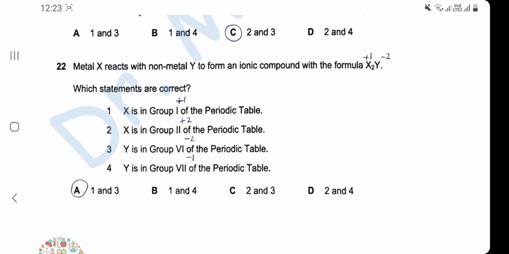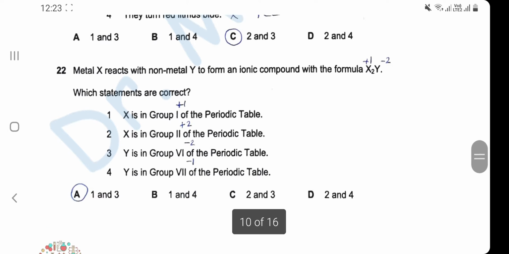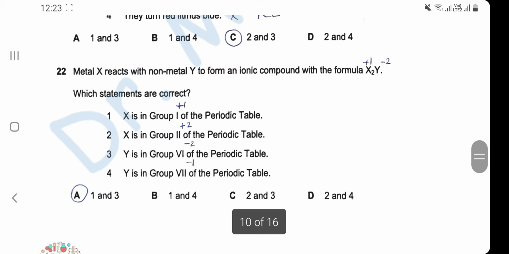From the formula X2Y, you can know that the oxidation state of the metal ion X is +1, and the oxidation state of the nonmetal Y is -2. So X has oxidation state of +1. It is in group 1 in the periodic table. X is in group 1 in the periodic table.